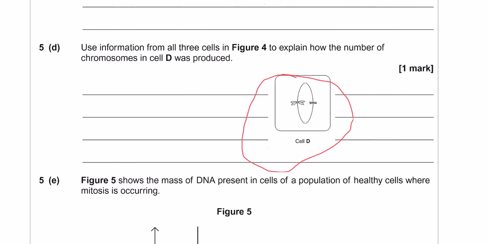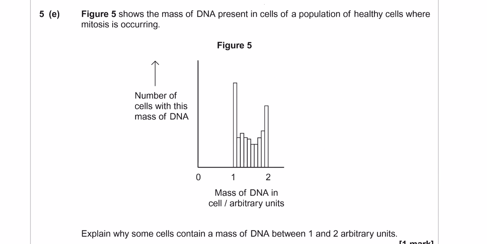So it's looking for separation or segregation of pairs, or the separation of the chromosomes. You could say as a result of meiosis. You could say that they're pulled to the opposite poles for separation, but basically you can see they are separated.